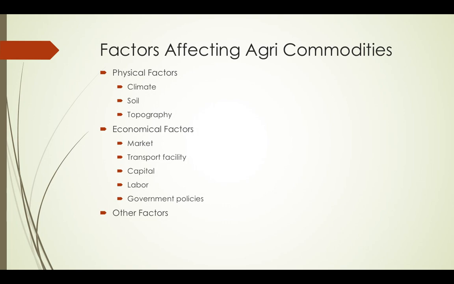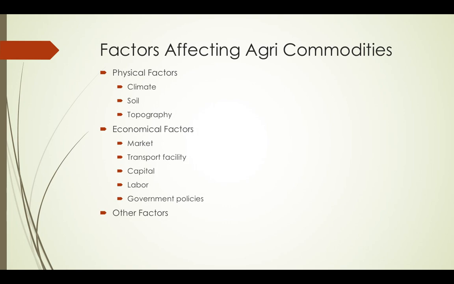Government policies is one of the most important because it influences agriculture land use. Like we can say that government may restrict some cultivation of crops by forcing farmers to grow a particular crop.